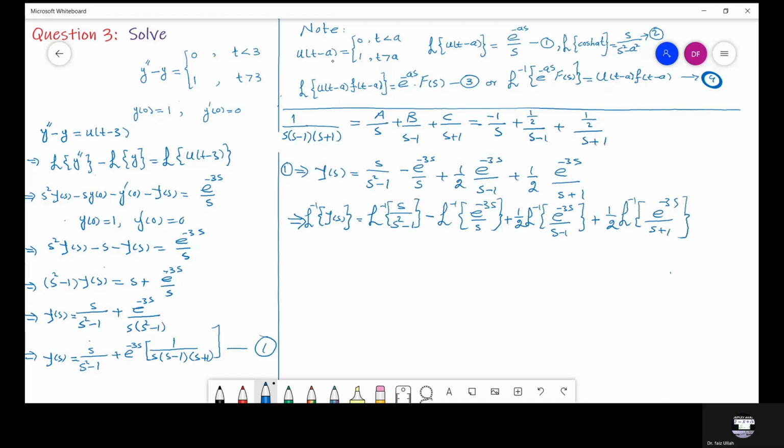And now inverse Laplace transform of y of s, this is y of t. So let us write y of t is equal to.